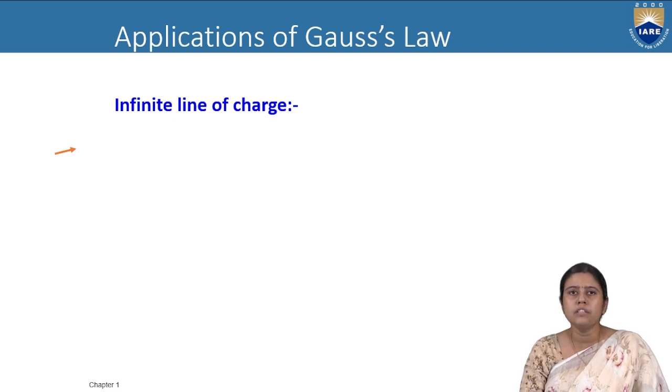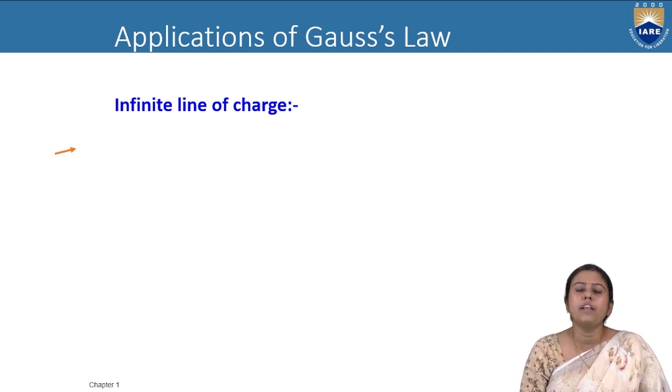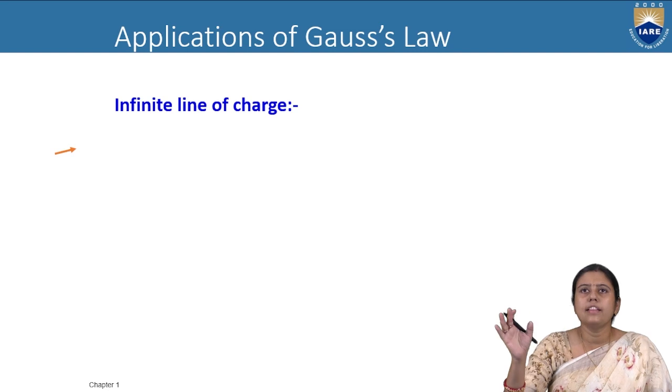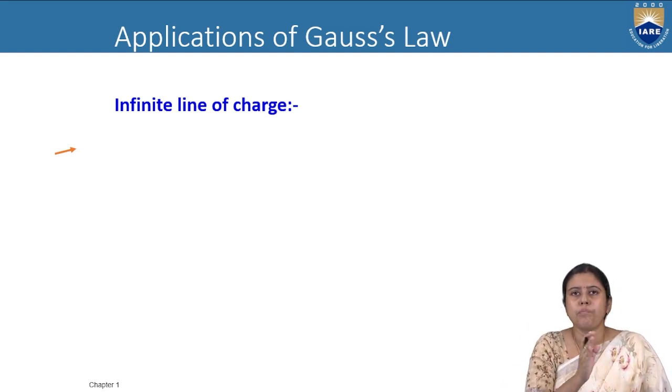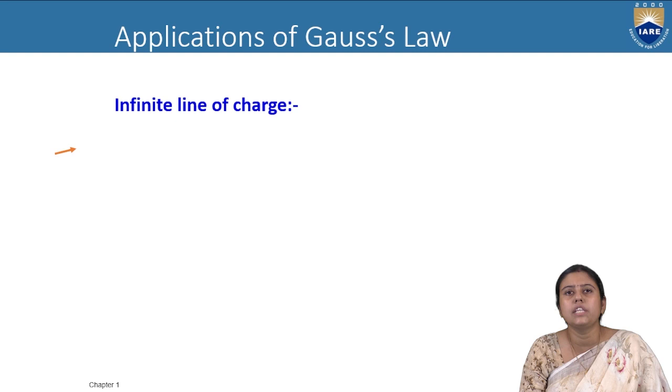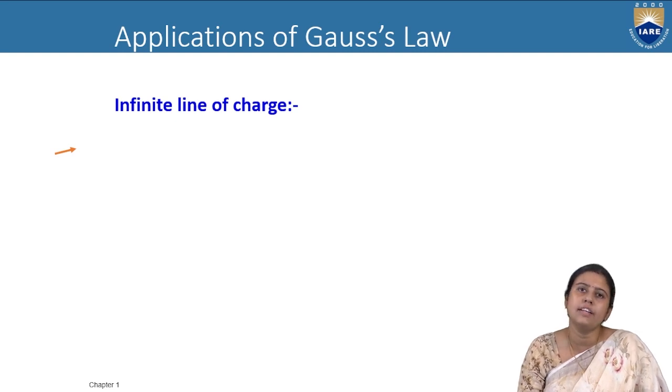An example of an infinite line charge is overhead lines, where current flows from one point to another. If it is a long transmission line, we can think of it as an infinite line.